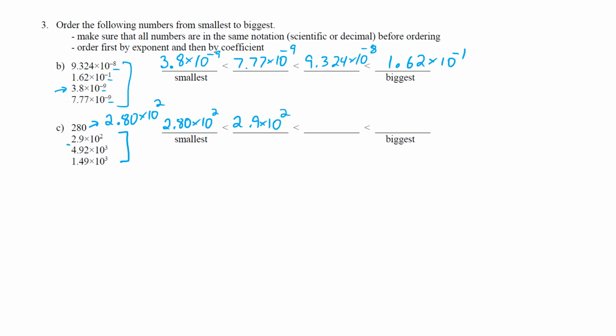Then I have these 2 that are times 10 to the 3. 1.49 is smaller than 4.92. Notice it goes by exponent first, and then coefficient. 1.49 is not the smallest because of this 10 to the 3.